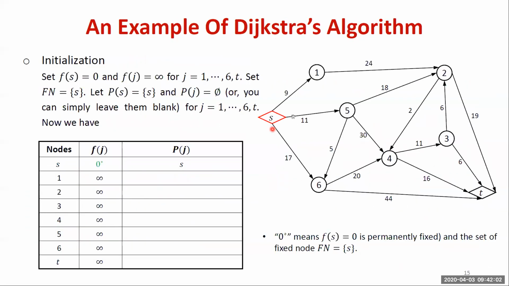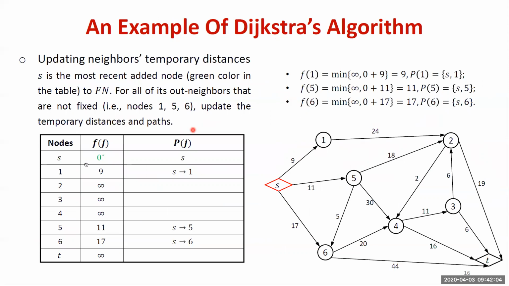This is nothing but you compare the previous shortest distance with the new shortest distance. The new shortest distance means from node S to the most recent added node, and then from this most recent added node to your target node. For example, the target nodes here are nodes 1, 5, and 6.